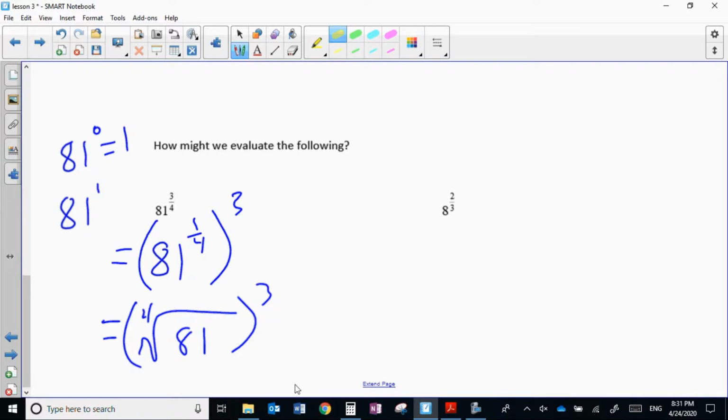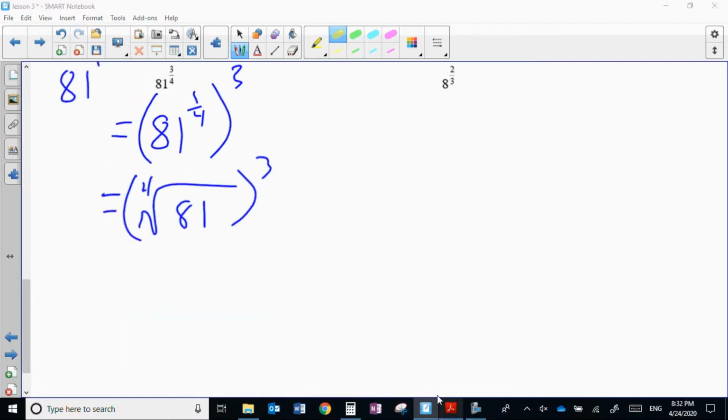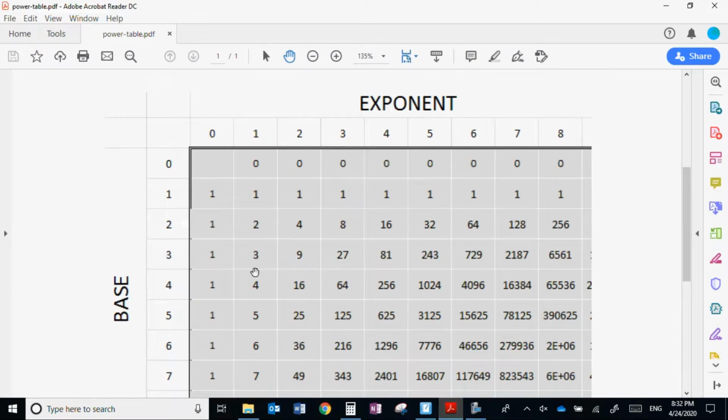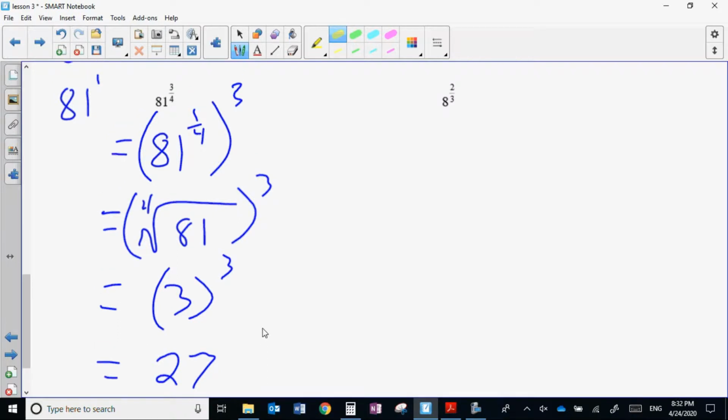I notice there's an 81 here under 3 to the power of 4. 3 to the power of 4 is 81, which means the fourth root of 81 is 3, since 3 times itself 4 times will give you 81. Well, 3 to the power of 3 is 27. So 81 to the power of 3/4 is 27.